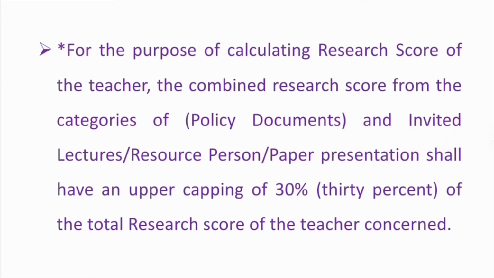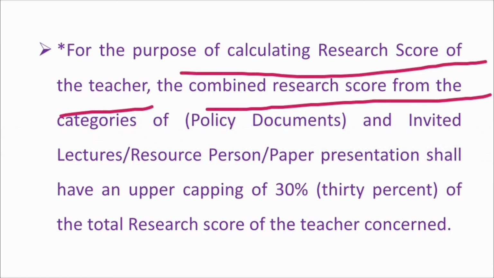The next category is for the purpose of calculating the research score of a teacher, the combined research score from the policy documents category. These policy documents are submitted to international organizations like UNESCO or WTO or IMF, or the central government, or any other funding agencies. So you will get some points.